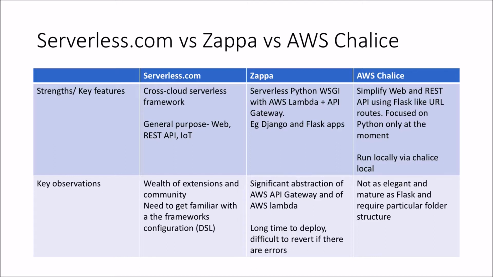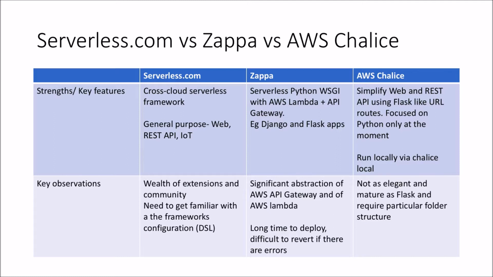So it's not a vendor lock-in or very tied to AWS itself. That's really a good thing. The other thing to keep in mind is serverless is a general purpose serverless framework. So whether you're building web applications, REST API, or IoT applications using serverless technologies, it should allow you to work seamlessly.